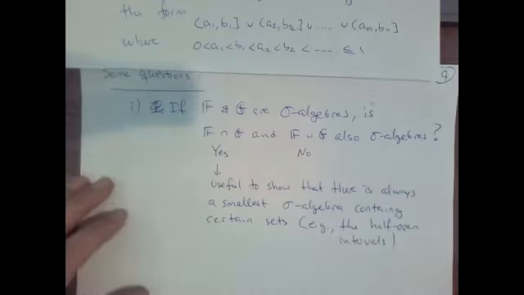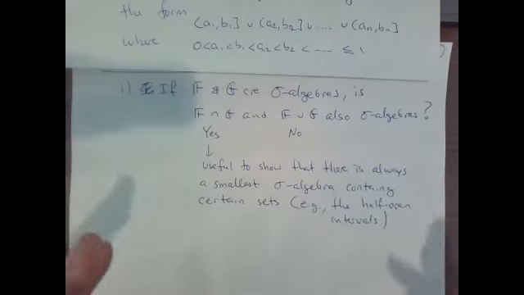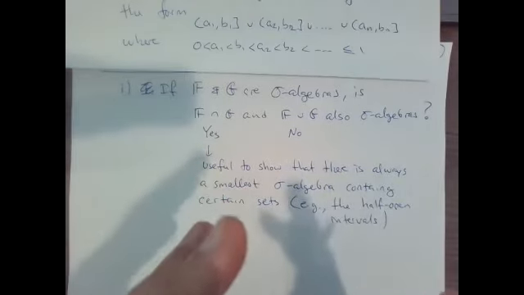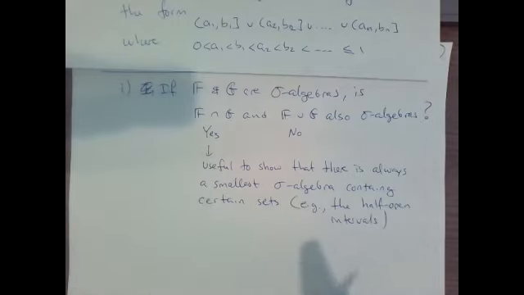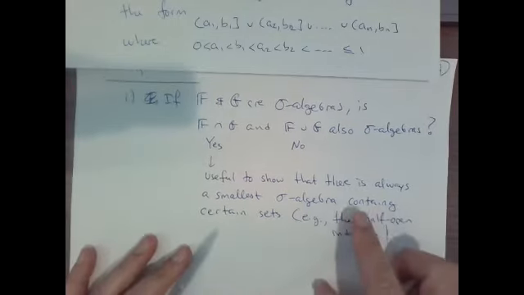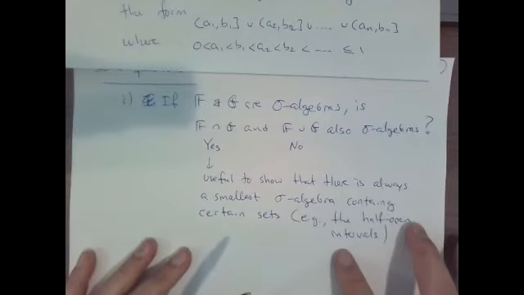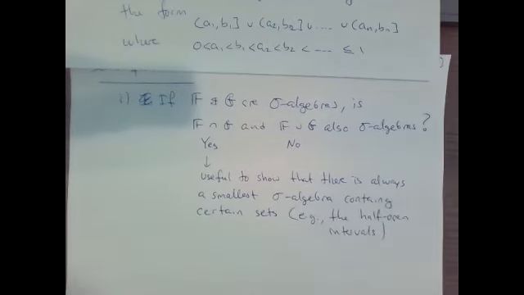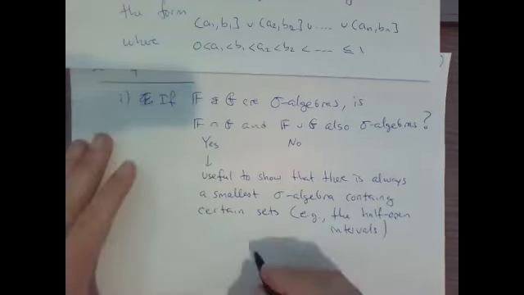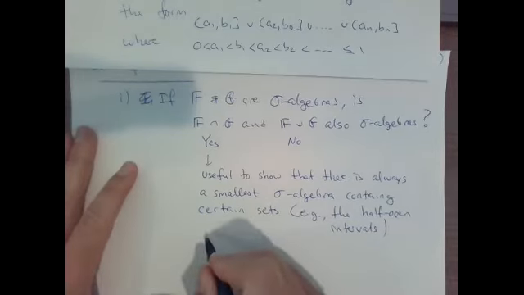Because the way that you do it is that every time you take an intersection, you're going to get something that is smaller. You can always find a sigma algebra that contains half-open intervals, because you can just look at the sigma algebra that contains all sets, and then start taking intersections over sigma algebras that contain these half-open intervals.